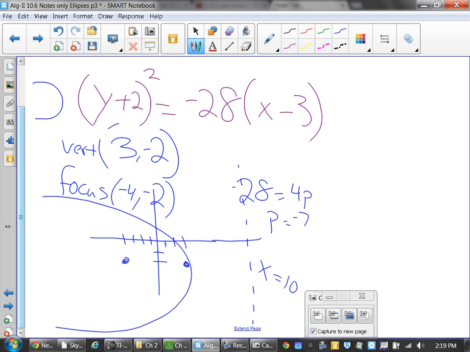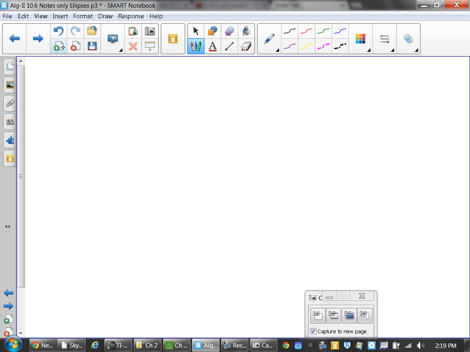Let's say you had a vertex at negative 4 and 6, and a directrix at y equals negative 3.